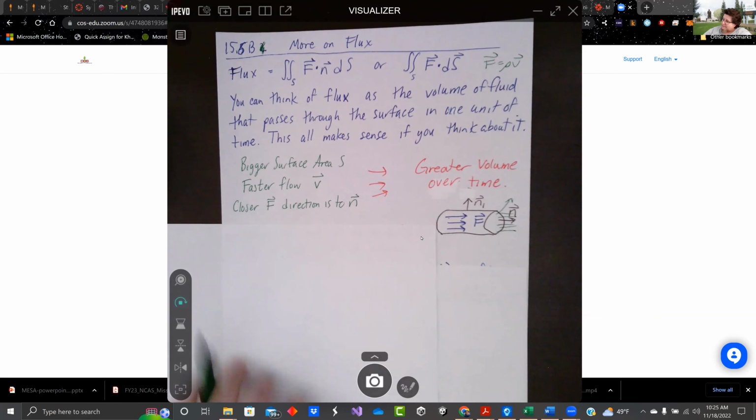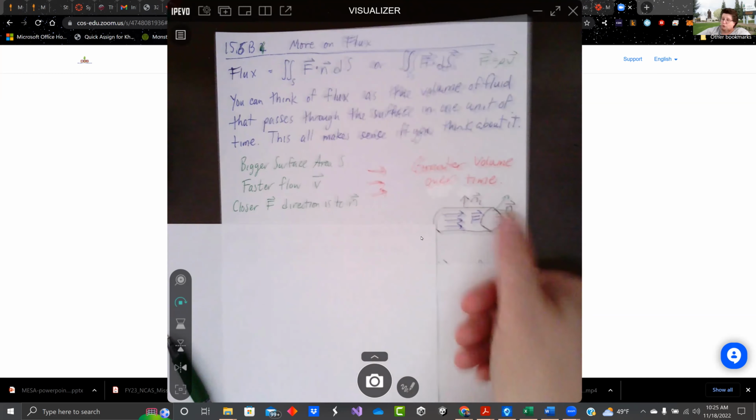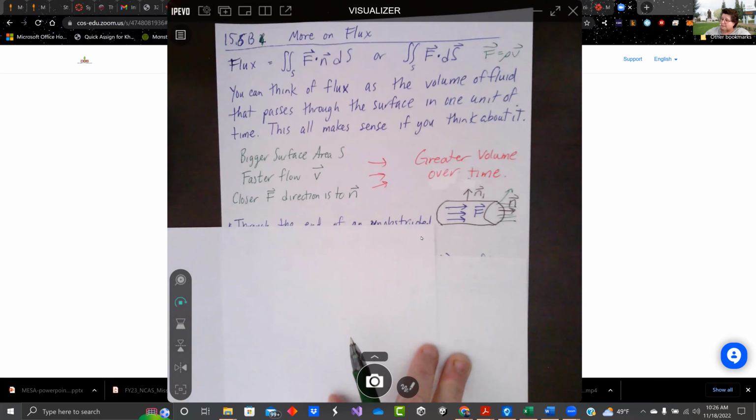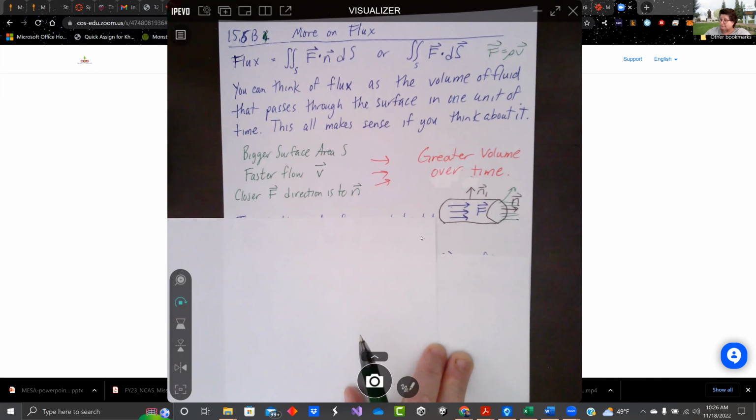But if there is something impeding the flow, like if you hold your thumb over the hose, the flow through your thumb is obviously going to be 0. So that's stopping the flow. F is not in the direction of N anymore, is where I was going with that.